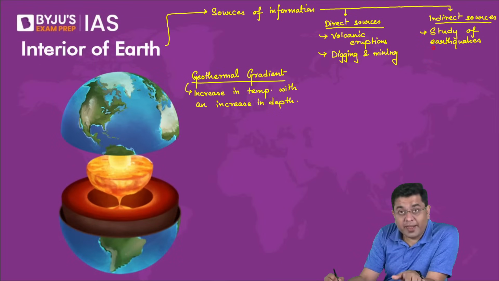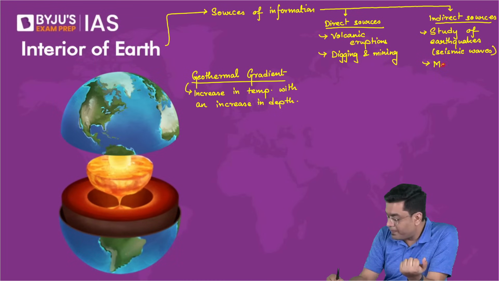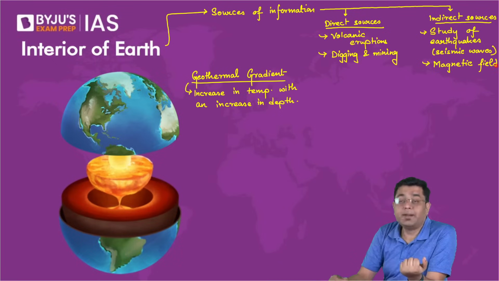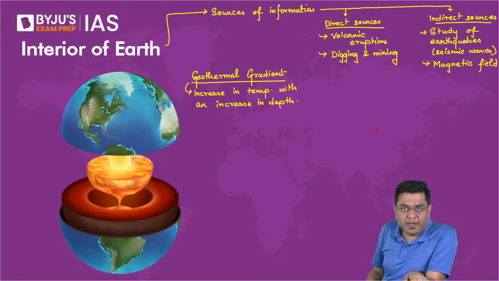Now, the earthquakes, whenever they happen, they end up generating energy waves which are referred to as the seismic waves. So, by study of the seismic waves, we get an idea about the interior. Then, other than that, we get an idea about the interior by studying the magnetic field of the planet. Understanding any variations which exist in the magnetic field, any interruptions which arise in the magnetic field.